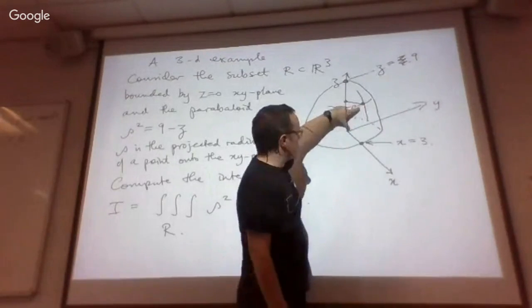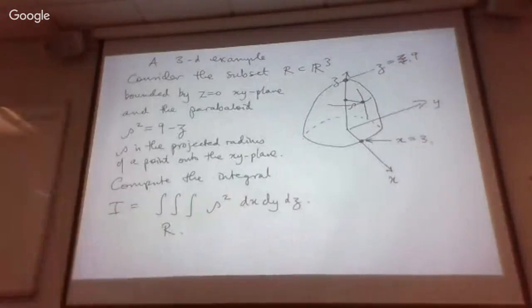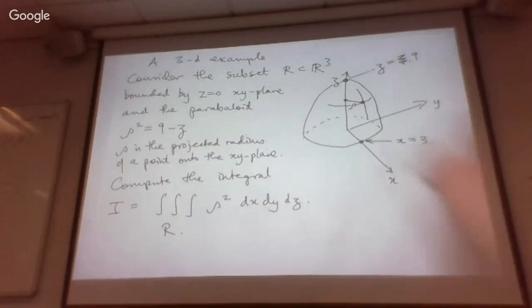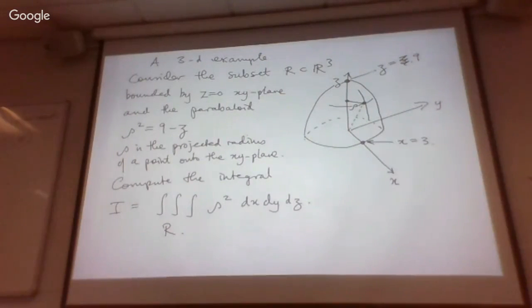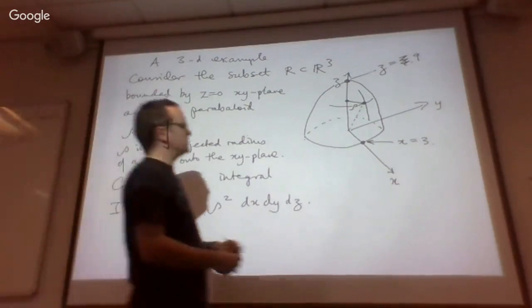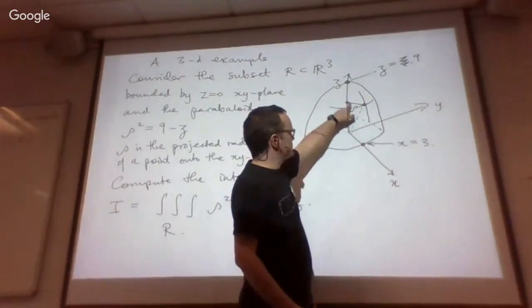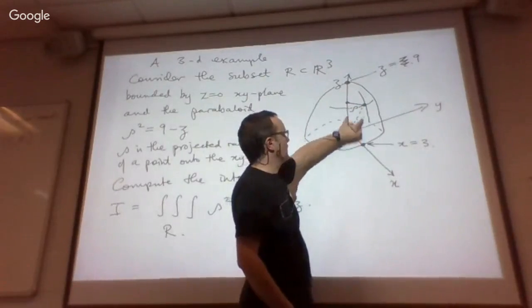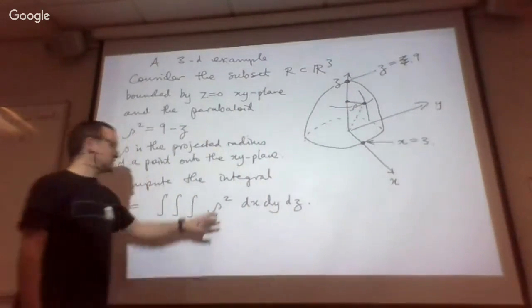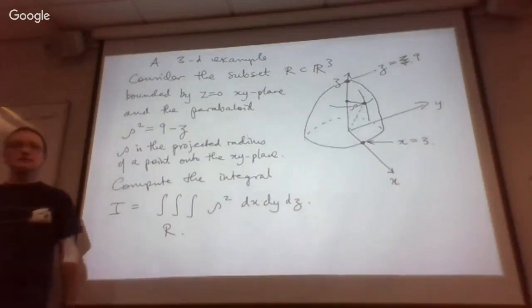So that's the projection of the actual radius. The actual radius of that point, let's add into the diagram. When you project that down onto the xy plane, you get this projected radius, which is just the projection down of that radius.